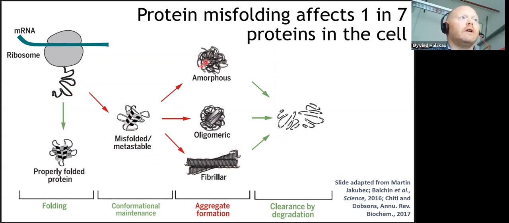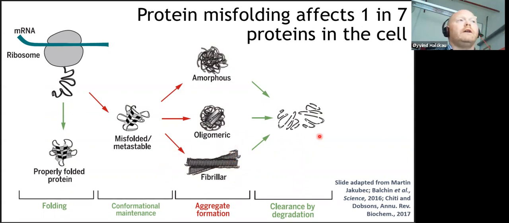If this persists, you can get amorphous or oligomeric or fibrillar aggregates. And of course, there might be mechanisms for taking this back on track again. But as this proceeds, it gets harder and harder. Eventually, of course, you can have clearance by degradation, but some aggregates are quite resistant to this.